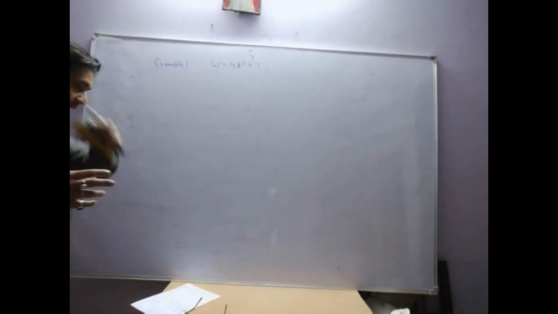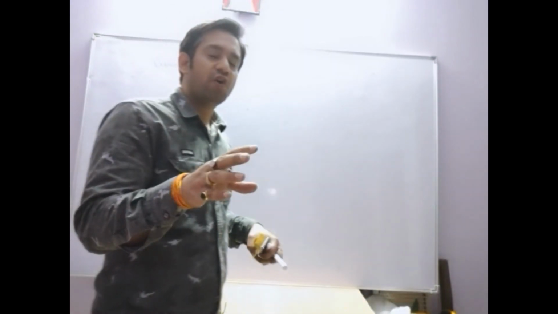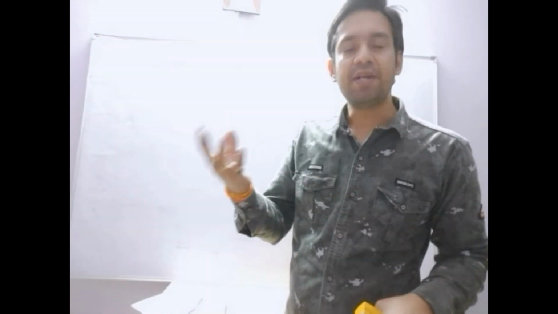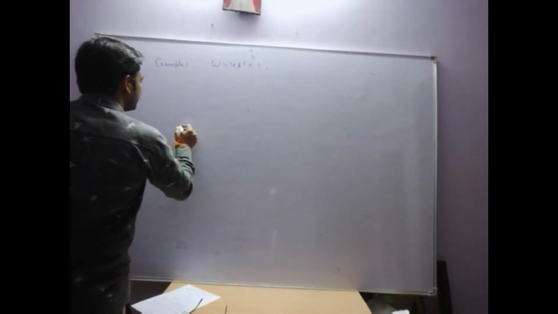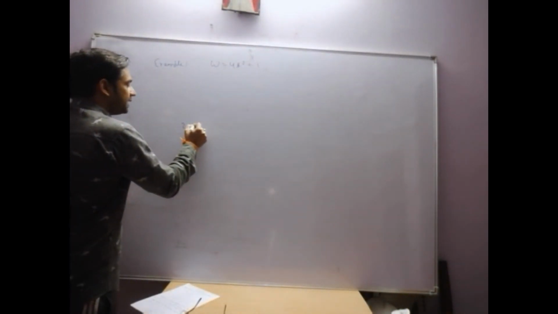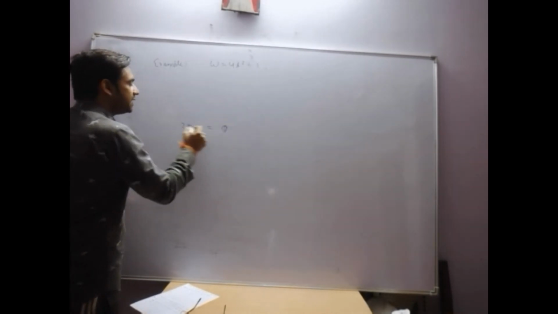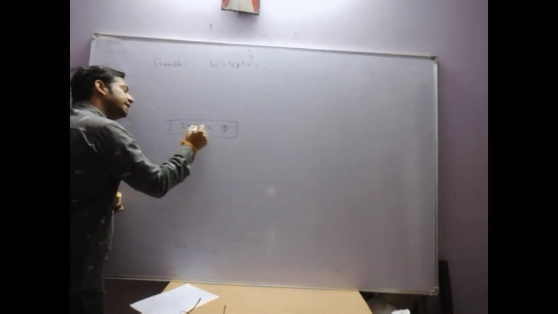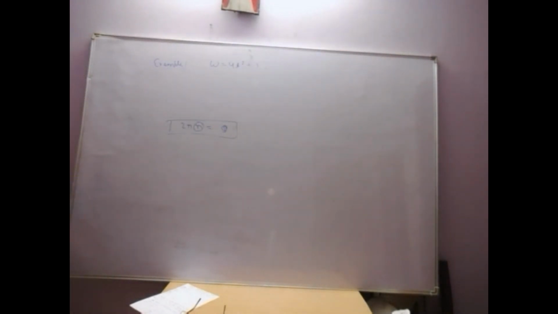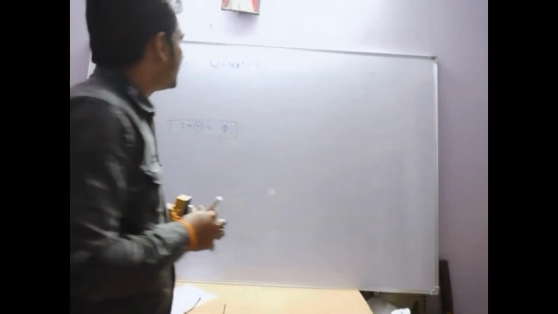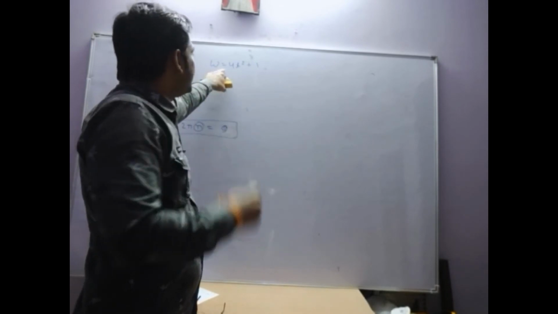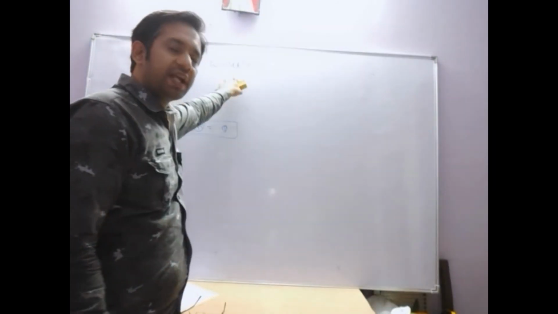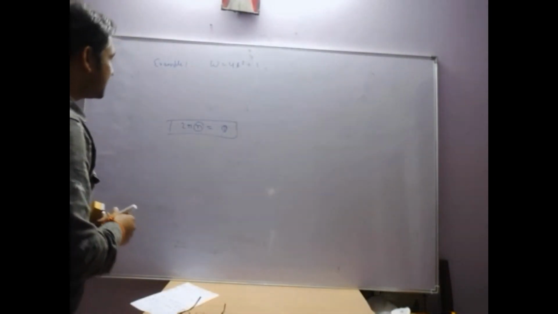So in 3 complete rotations, what is the displacement of the object? We are going to say 2 pi n is equal to theta. This n denotes the number of revolutions, like 2 pi, 6 pi, that's all. In this case omega is given, and initial conditions are also given.